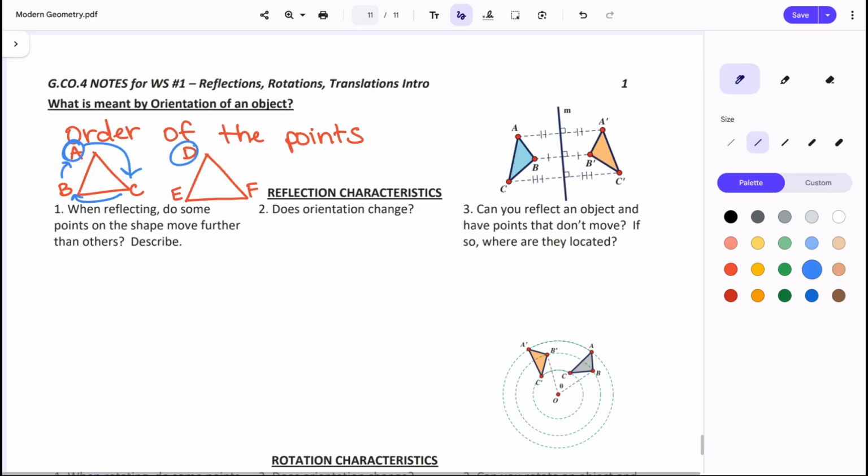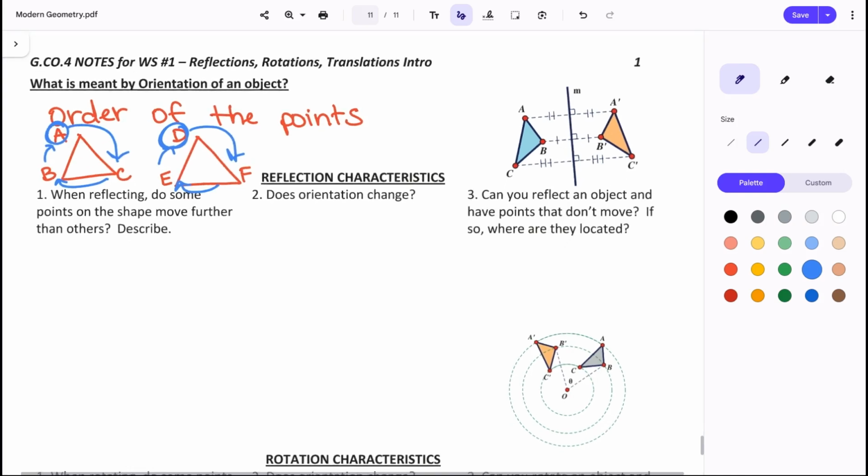So that would mean I start at D and I go clockwise to F, clockwise to E, and back up to D. It doesn't mean you have to go clockwise. You could go counterclockwise if you want to. But the important thing is that you're going in the same direction when you're checking on orientation.